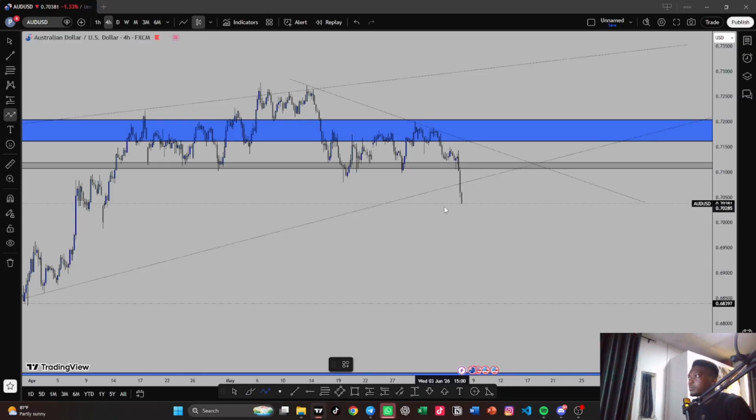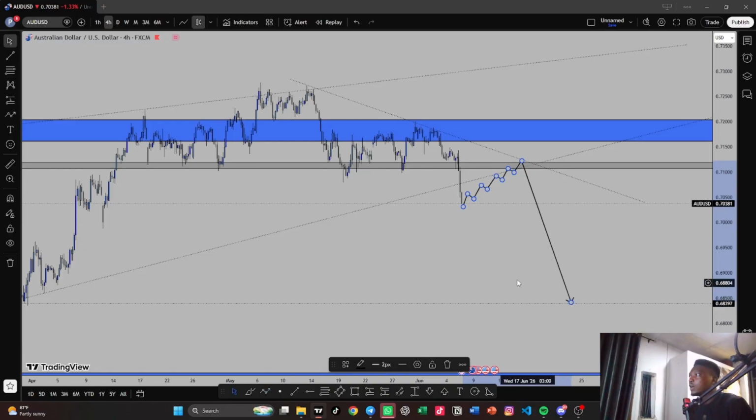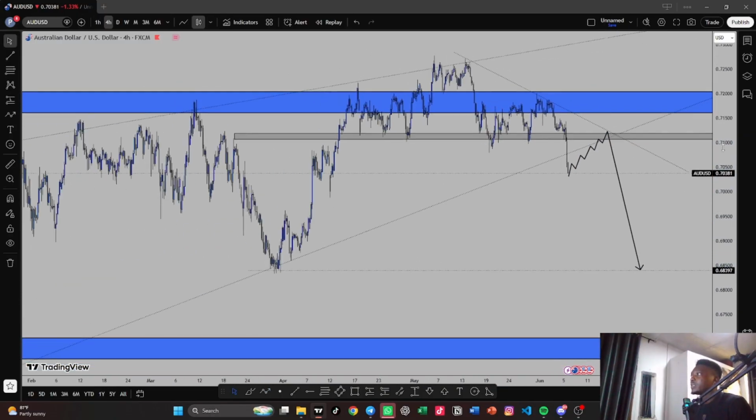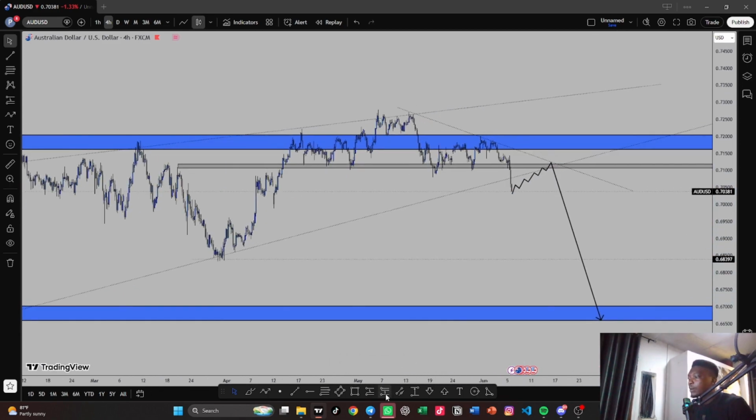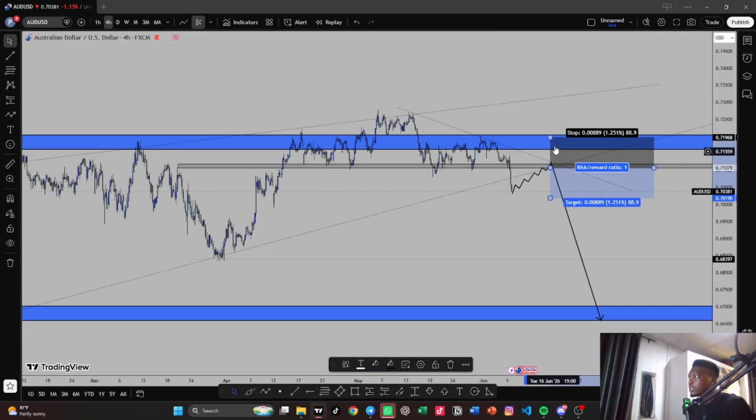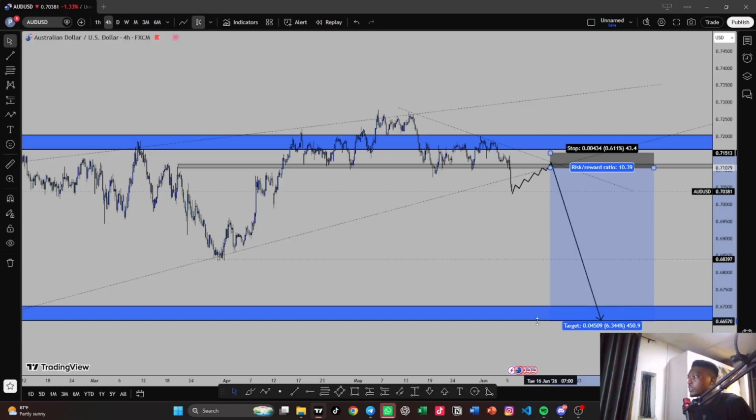Also on that retracement, I would like it if we can flag, and then we drop all the way down. So this is what I'm expecting on AUD USD. This is going to be my first level target and overall target all the way down. This is how I'm looking to position myself for a sell opportunity on AUD USD.